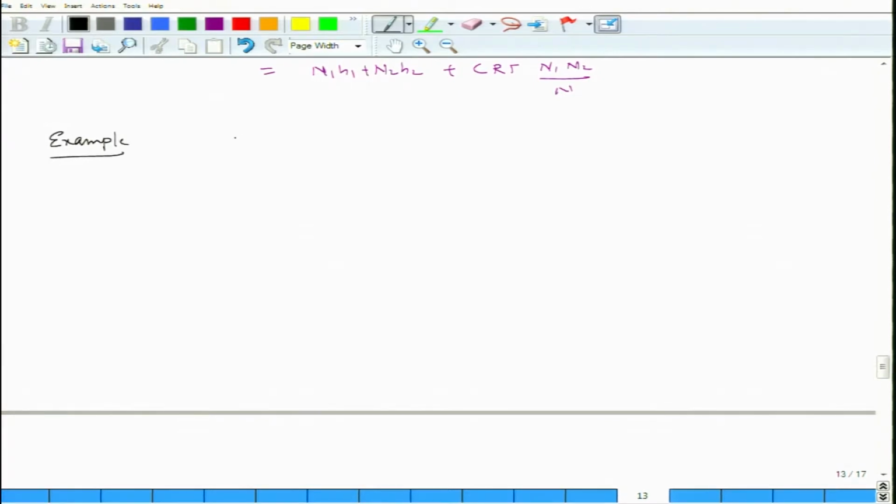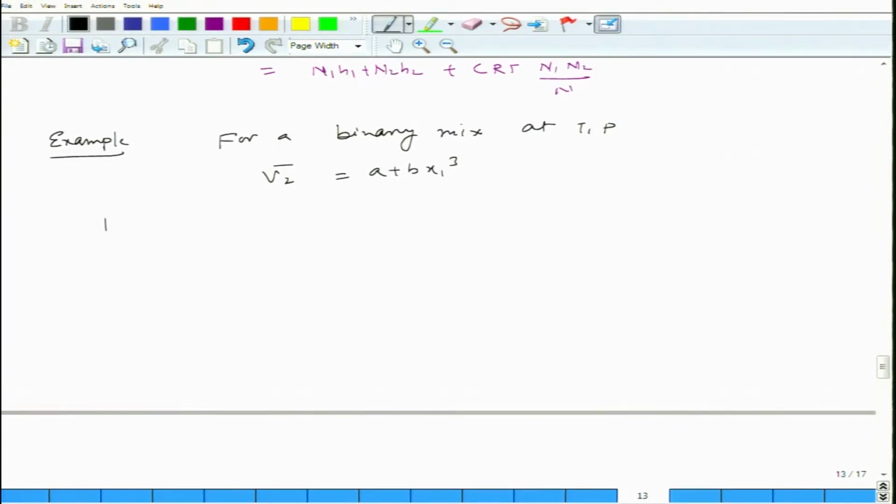Again, for a binary mixture, at T and P, we have been given the partial molar property of component 2 as A plus b x1 cube. Okay.